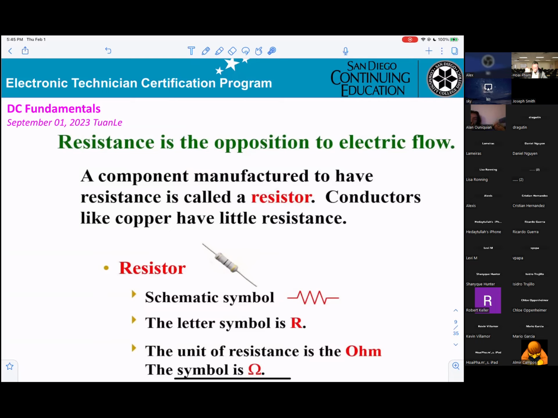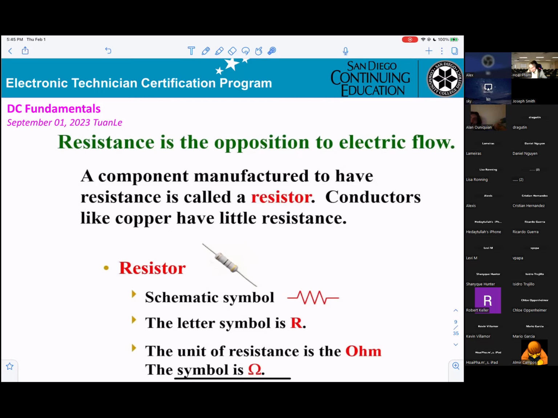So if you get shocked, the current goes through your body. Your body is a good conductor, because of water. However, if it hits the table, then you're okay. Otherwise, if you sit on the floor, it can go to the ground.